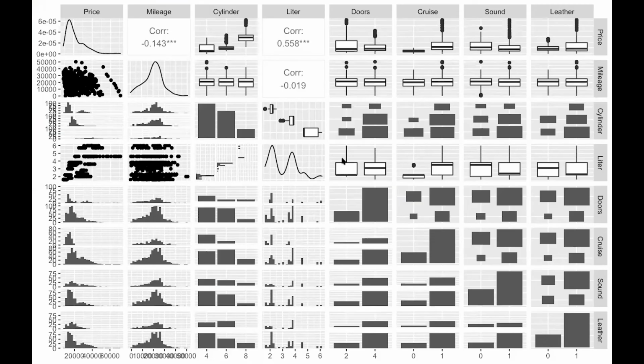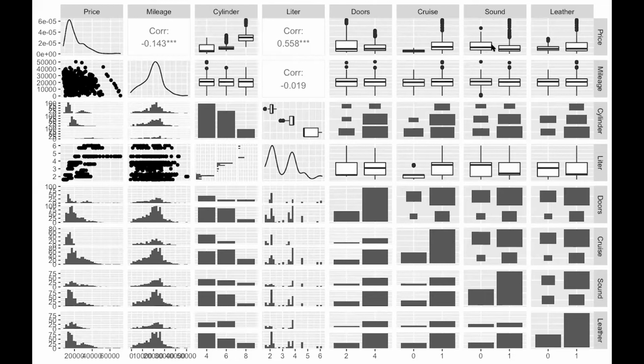If you zoom the picture, you can see it better now. So price with the doors, the binary variable 4 or 2, has little difference on the price. And for the cruise, there is a much larger difference. You can see the 2 boxes don't even overlap.